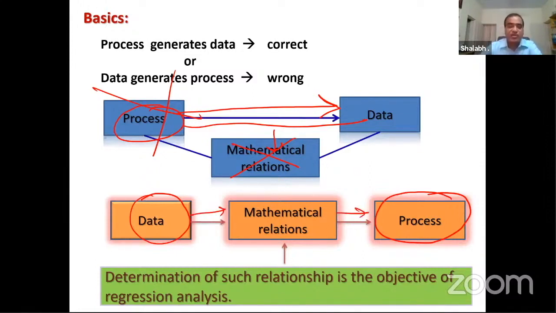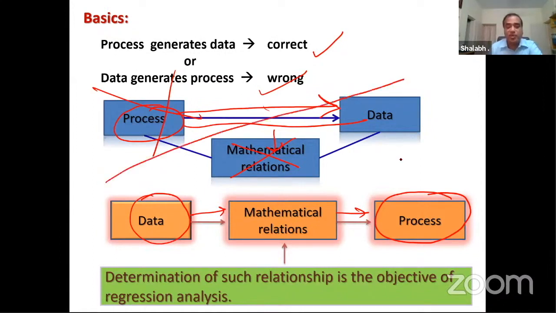So in real life, the process is generating the data, but data is not generating the process. But our problem is this: we don't know the process, so we cannot follow this thing.